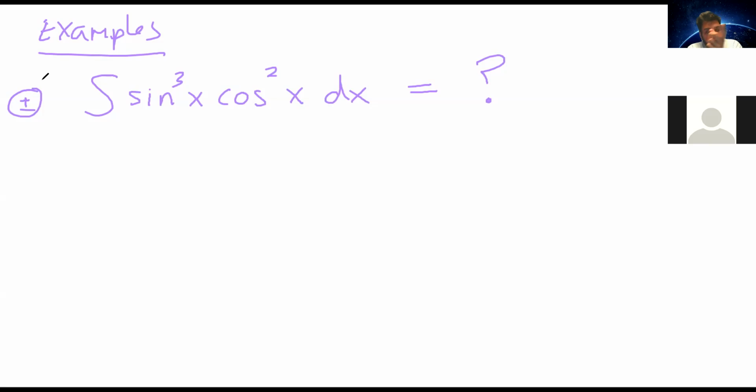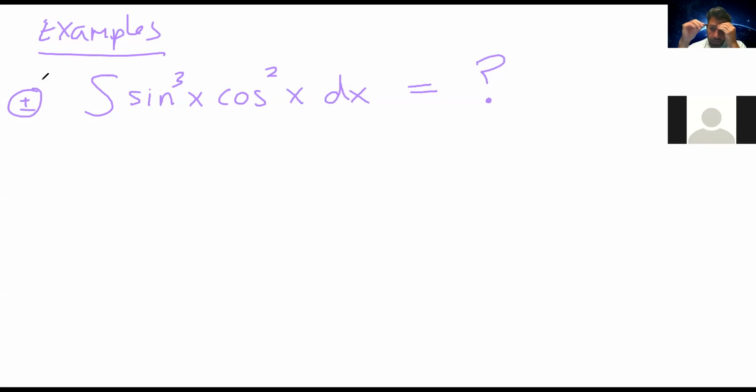And what I see is two powers. I see a 3, which is an odd number. And then I see a power 2, which is even. And then I remember, because I've practiced this, that if I have at least one odd guy, the strategy that I like to employ is to separate that odd guy and then use a substitution.